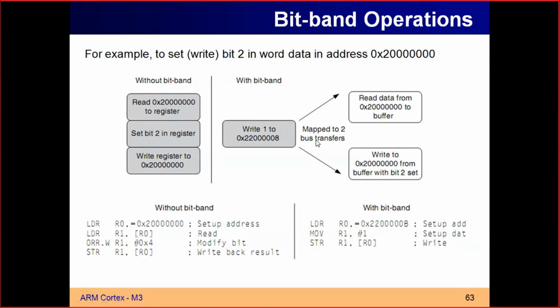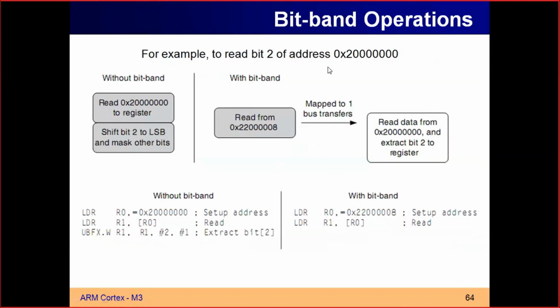Then in the case of read, how will it happen? You are reading from this location, shifting bit 2 to the LSB and masking the other bits, because if you want to read one bit alone, all the other bits should be masked out.